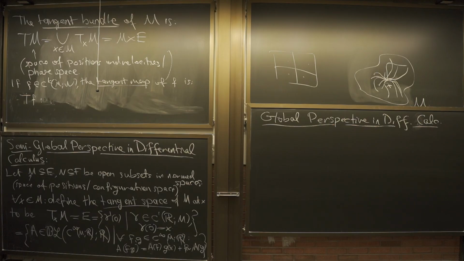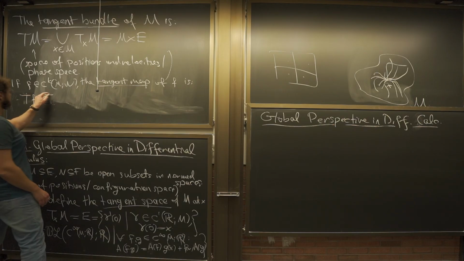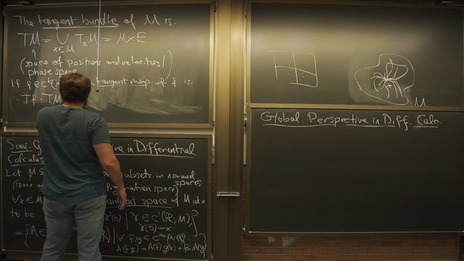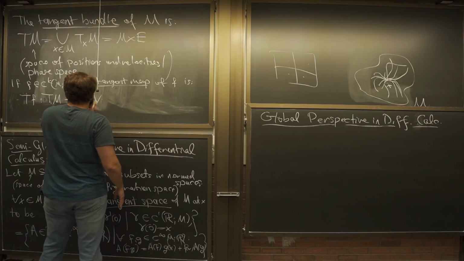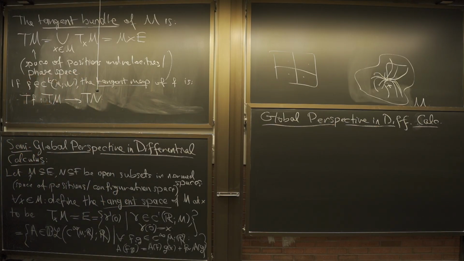It goes from one tangent bundle to the other one. How does it work? Any point here is a position together with a velocity. So you feed to it an (x, v), and it gives you back f of x. It has to transform the position according to f, and it has to transform the velocity according to f prime.